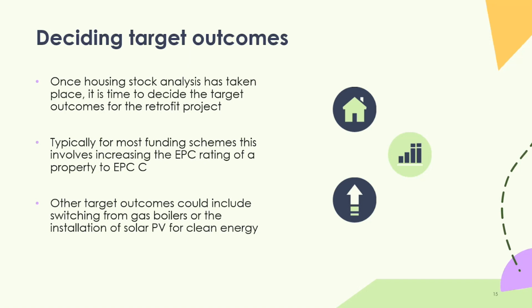So once you've had your stock analysis and taken into account which properties need to meet those different target outcomes, it's then aligning it with your wider organizational outcomes. So for example, I know I've got all these properties below EPC Band C, but eventually I'm going to want to get them to a net zero target.